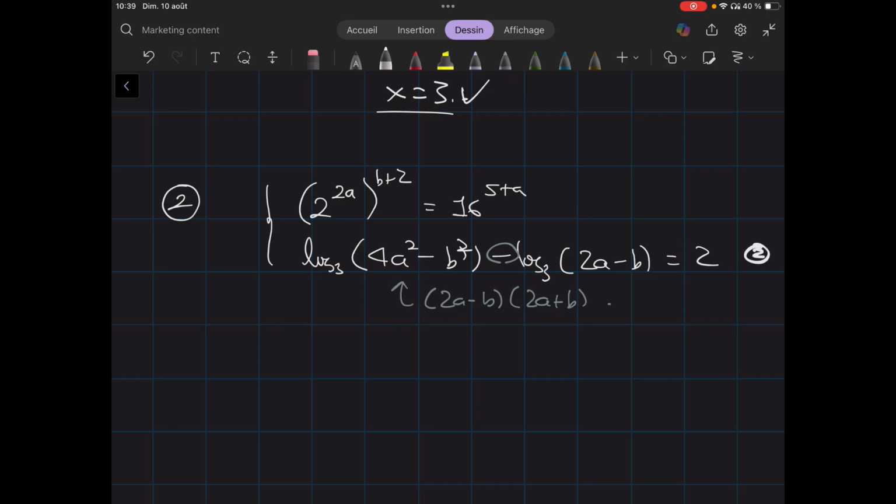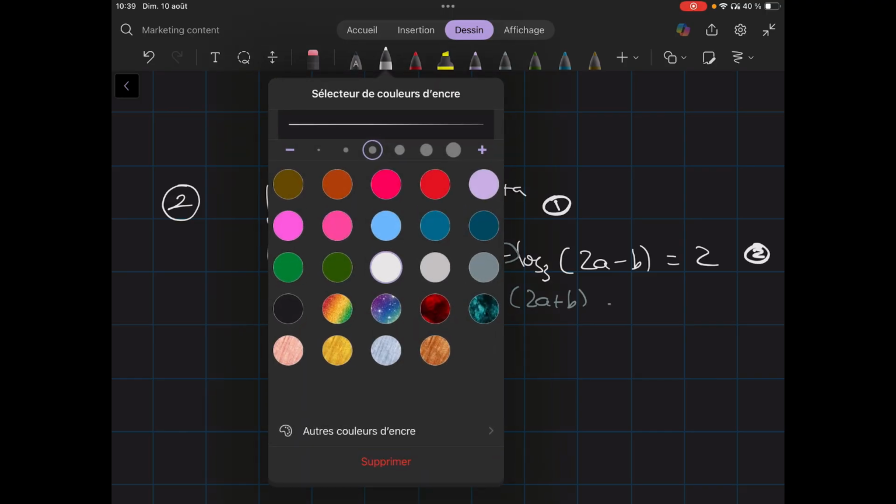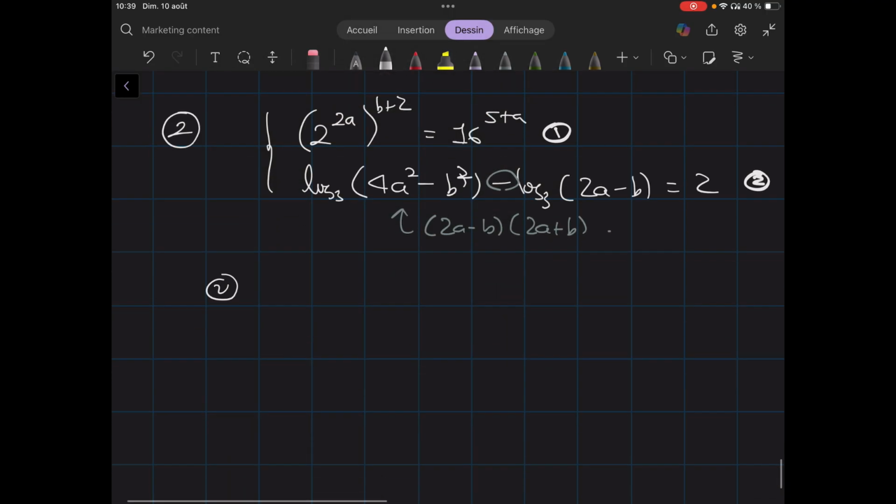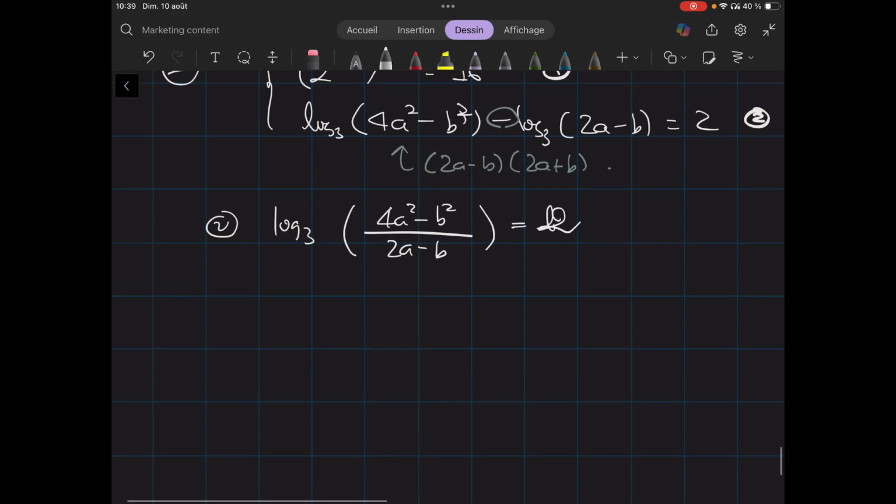So let's start off with the second equation. Log base 3 of 4a squared minus b squared divided by 2a minus b is equal to 2. In other words, log base 3 of 2a plus b is equal to 2, or 2a plus b is equal to 9.